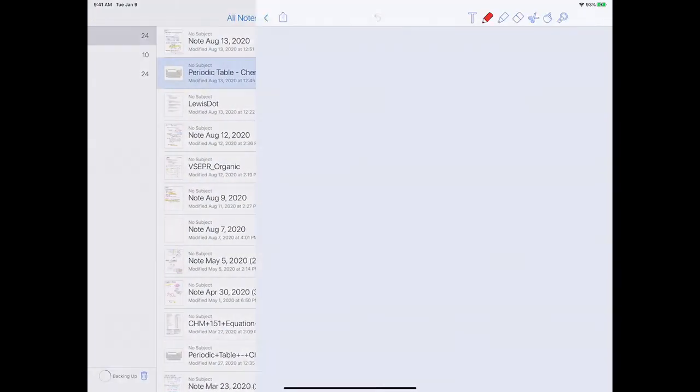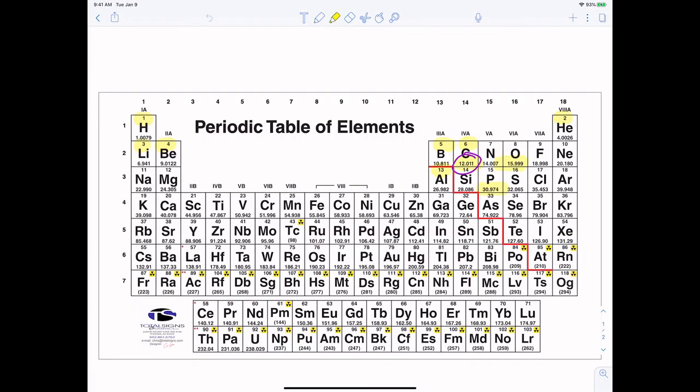Because it's my exception. So if I go out and look, get rid of some of the marks we made earlier. So this red line here is my zigzag line.